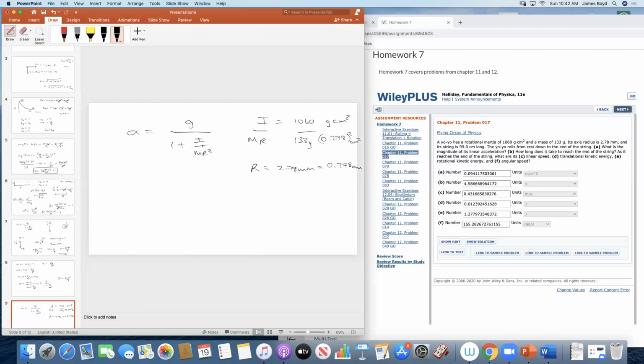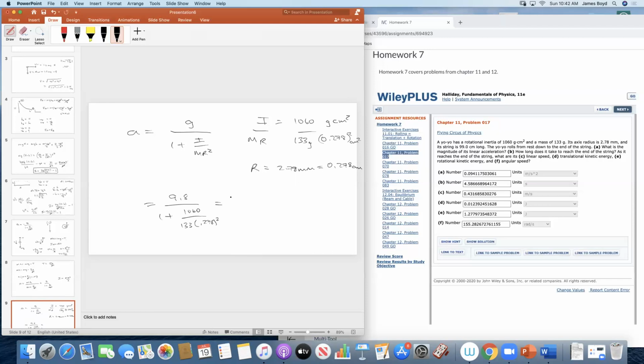It actually has no units, and then g is in meters per second squared, which will give us meters per second squared. So what we get here is 9.8 over 1 plus 1060 over 133 times 0.278 squared, and that will give us meters per second squared.